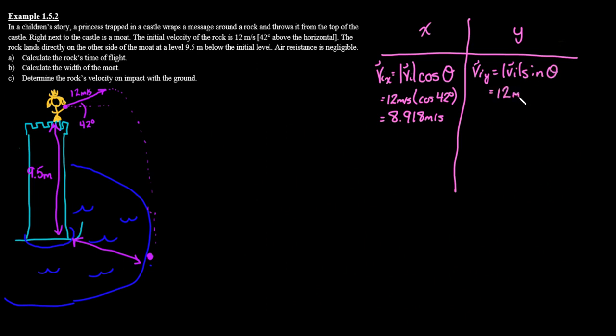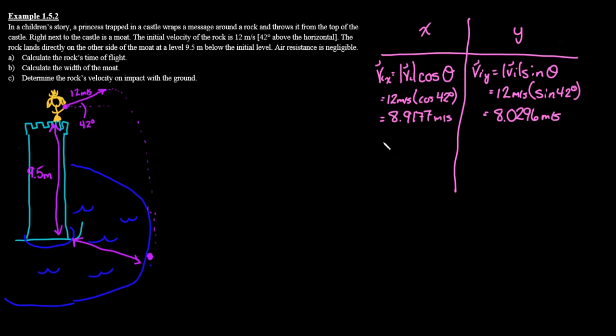So again, your 12 meters per second gets multiplied by the sine of 42 degrees, and that's going to give us 8.029 meters per second. And actually, let's take this one more digit further too, for the x component: 8.9177 meters per second.